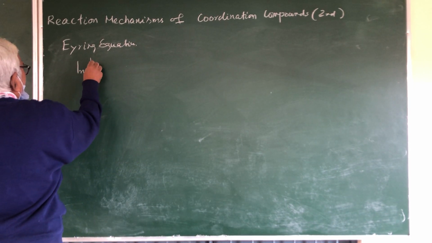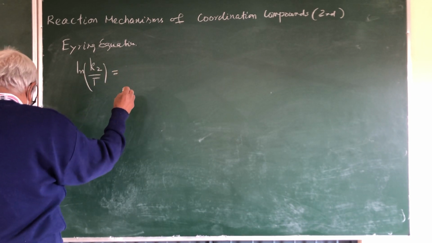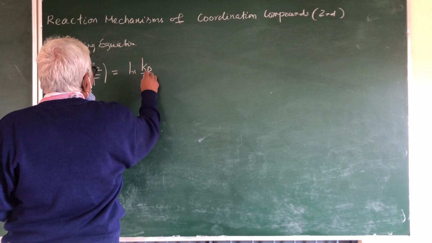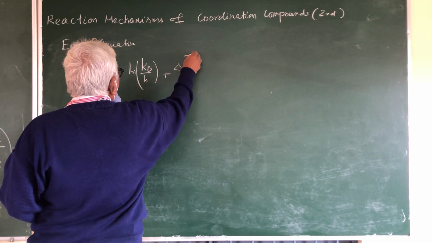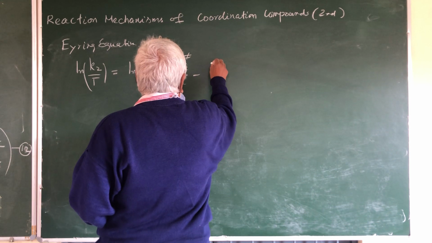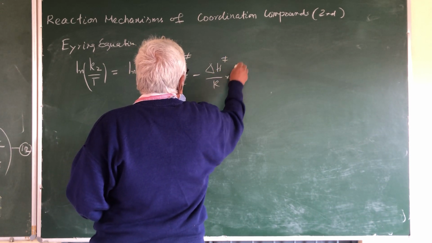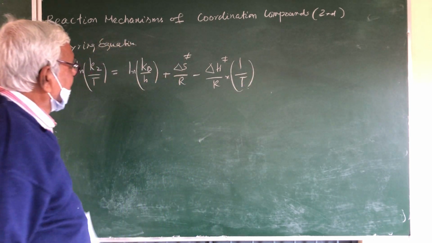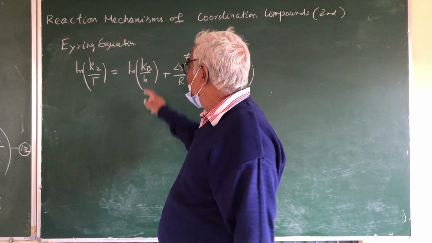ln K2 by T is equal to ln Kb by h plus delta S double dagger by R minus delta H double dagger by R into 1 by T. Here Kb is Boltzmann constant, h is Planck's constant.